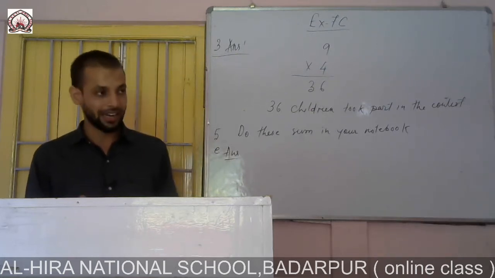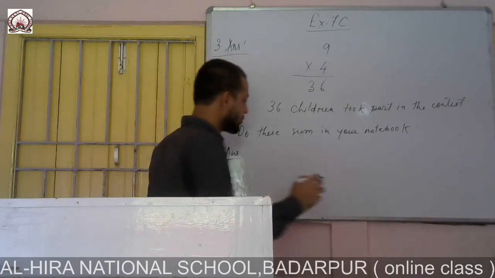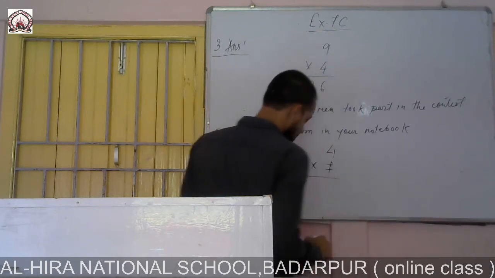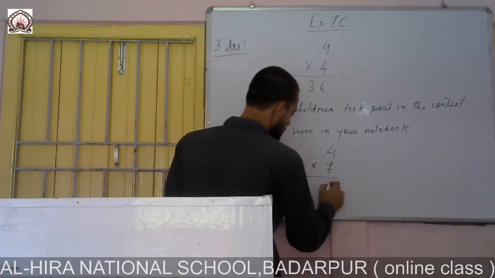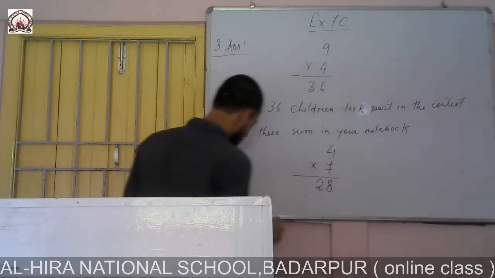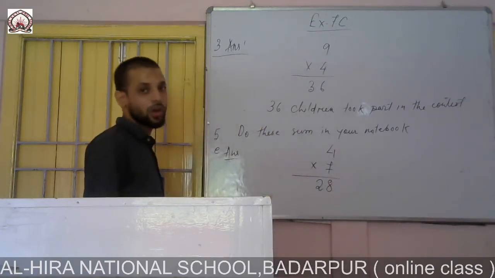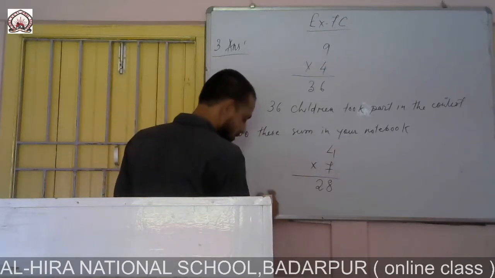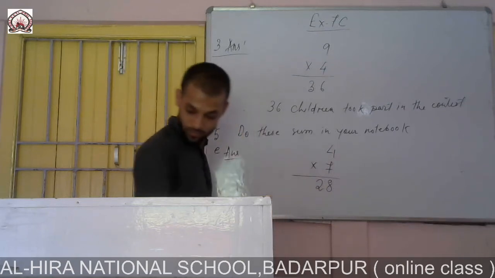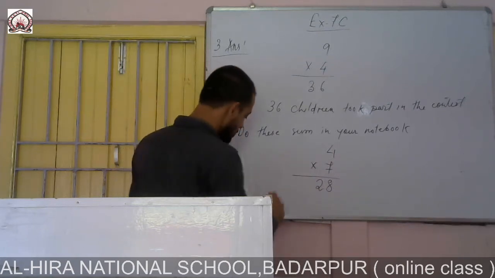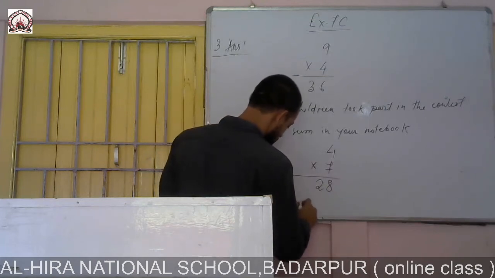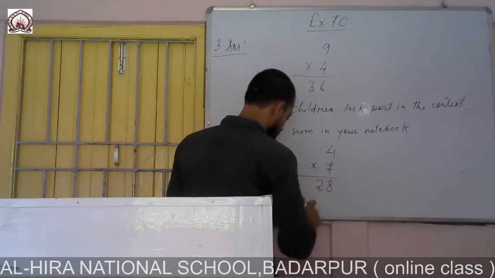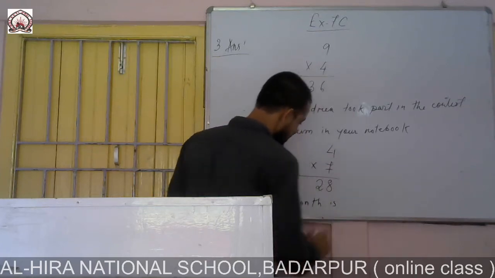So if we multiply rows and days, we'll get the result. 4 multiplied by 7, 4 7s are 28. As it is known to us, February has 28 days. So the month is February.